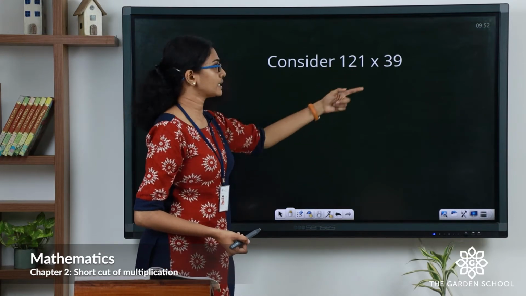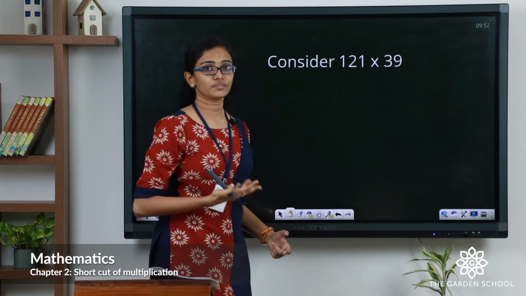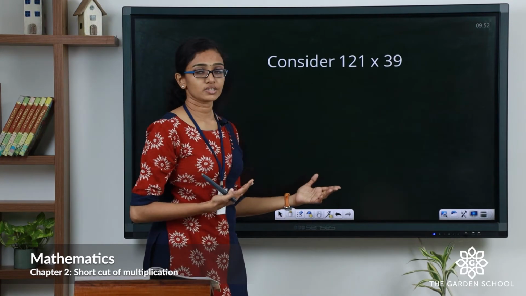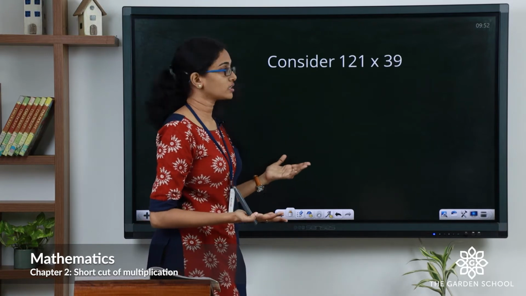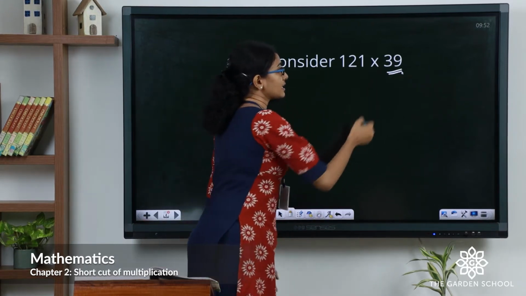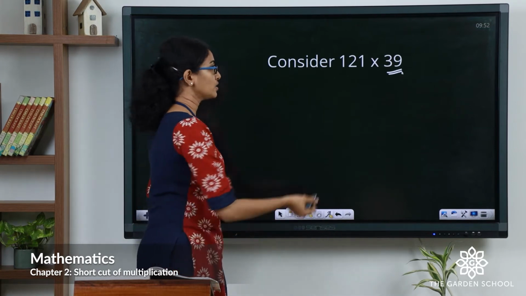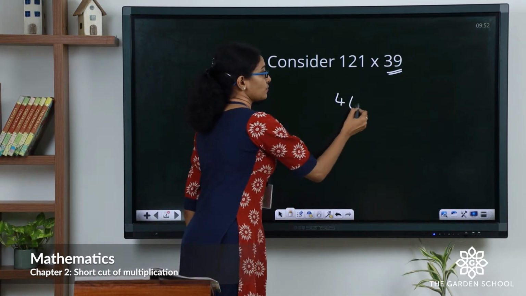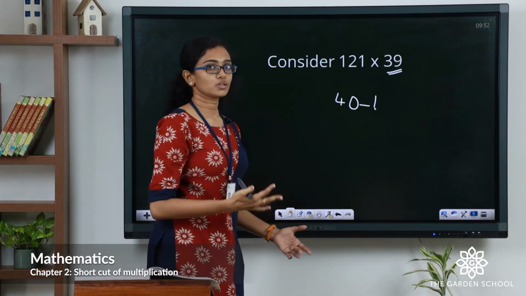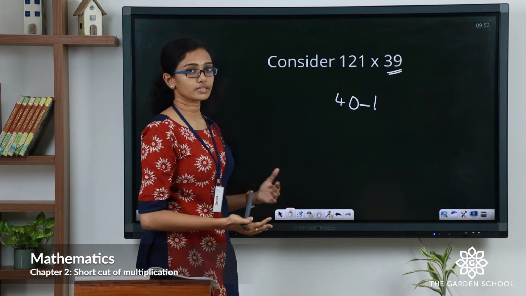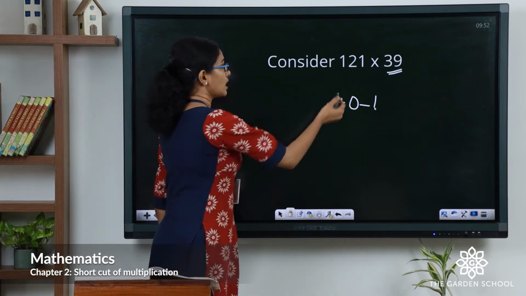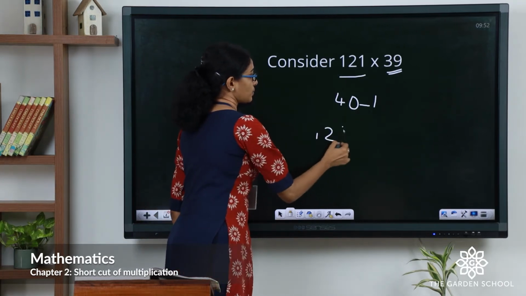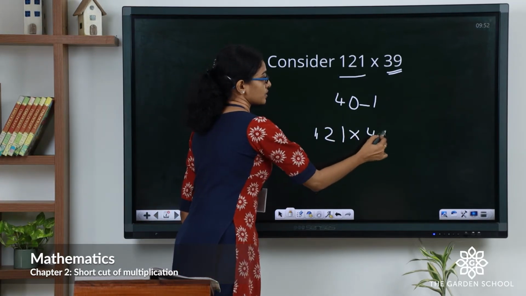121 into 39. Can we round off any of these numbers to tens, hundreds or multiples of tens or hundreds or so on? See, this 39 I'm choosing here in this case. So, 39 is actually 40 minus 1. So, I'm rethinking this 39 as 40 minus 1. So, let's do 121 into 40 first.